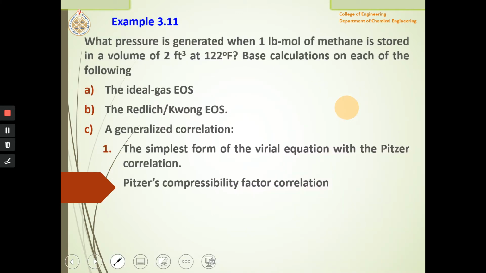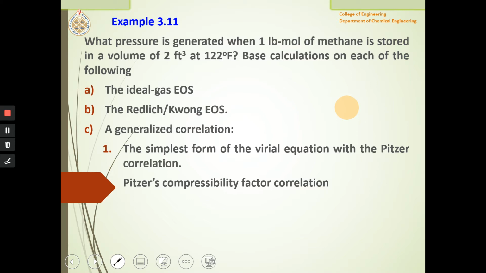Now, based on what I explained last lecture, I want to solve one full problem that covers everything, or almost all equations, related to gas. Previously, two or three lectures ago, I explained the virial equation of state, and we mentioned that it can be used for gases, using two to three terms for low to moderate pressures.